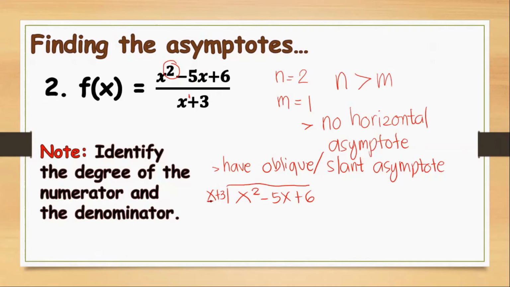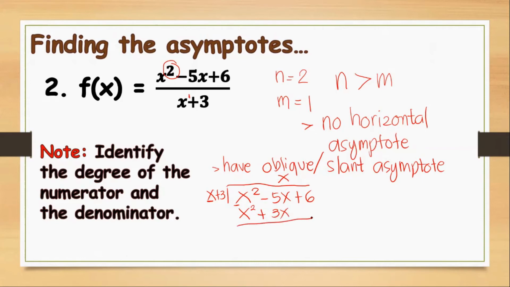Remember that when we divide polynomials, we start first with the first term. So x squared divided by x, the answer is x. And x times x is equal to x squared. Next, x times positive 3 is equal to positive 3x.